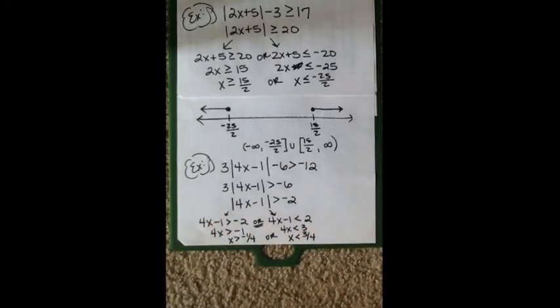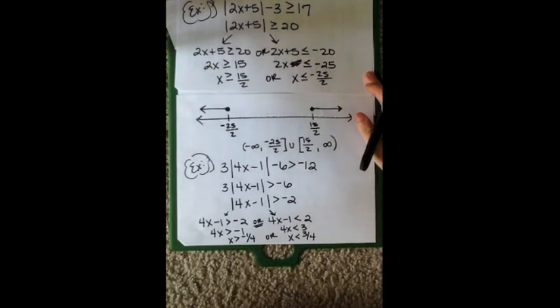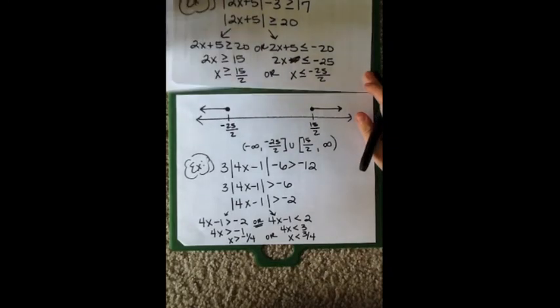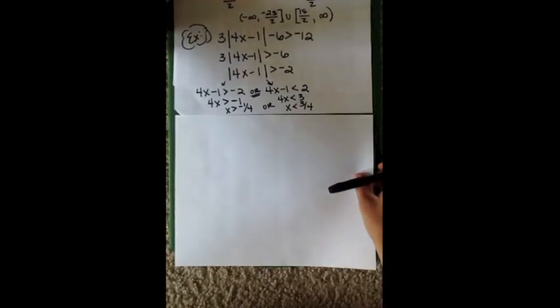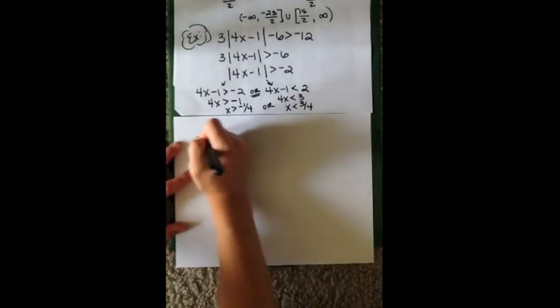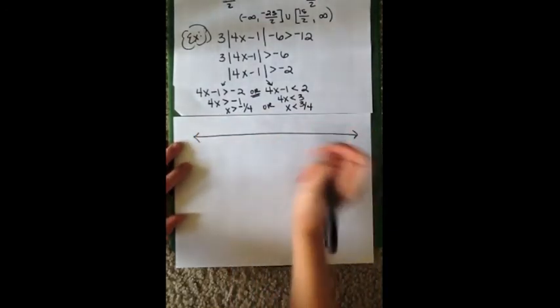So this means that when I graph this, I should get two distinct sections for my answer. So let's take a look at what this graphs as. So, negative 1/4 and 3/4.